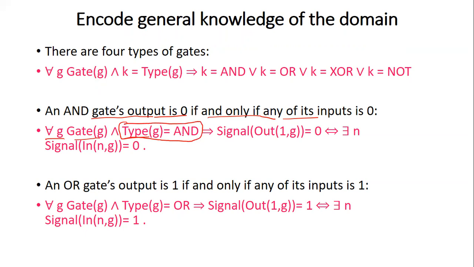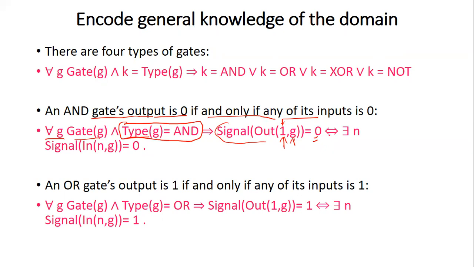If type of gate is equal to AND, then it implies that the first output, there is only one output for the AND gate. Whatever we are discussing here, there is only one output. So this 1 represents the first output. The signal of the first output of this particular gate will be 0.